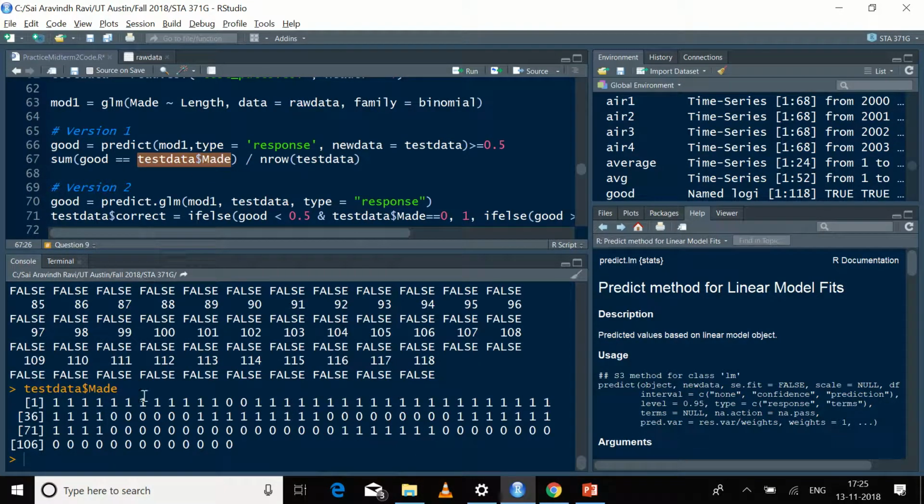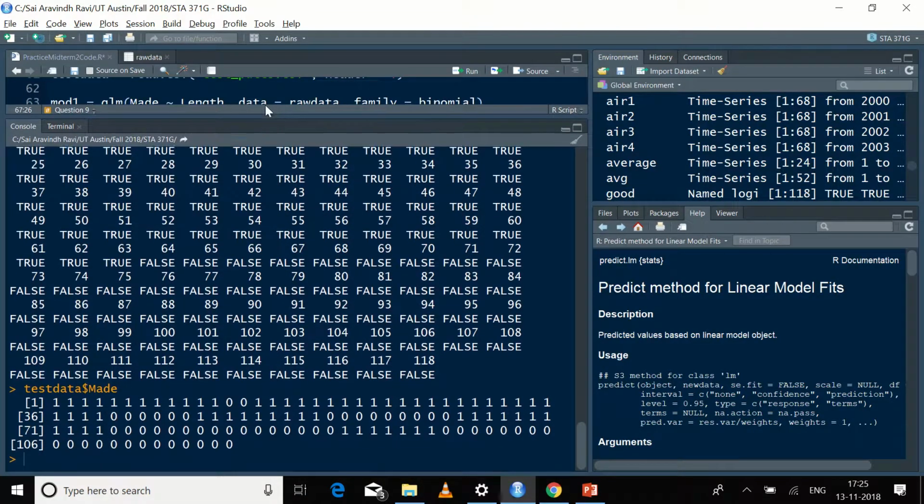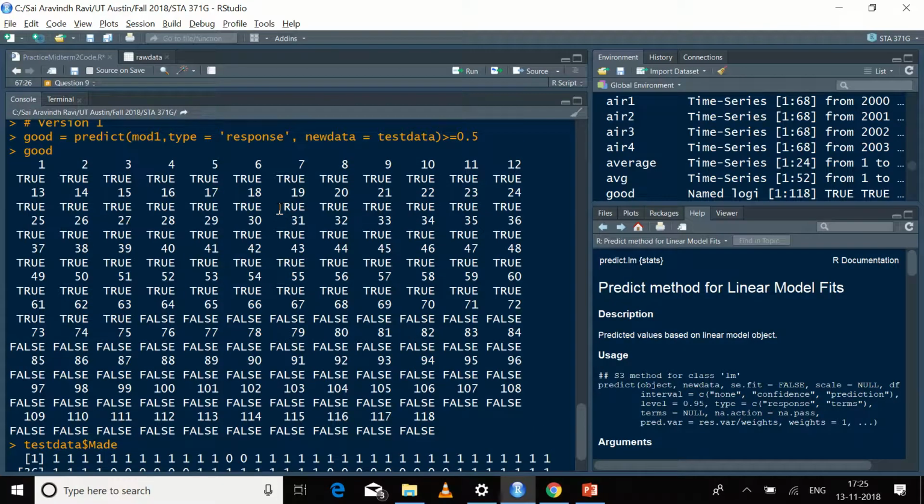This is what the actual values are, right? So you can see the truth. See what percentage of my predicted values are correct.